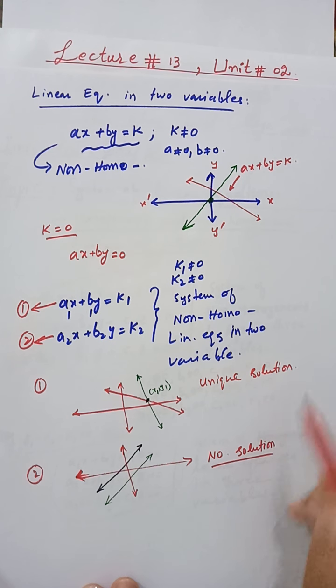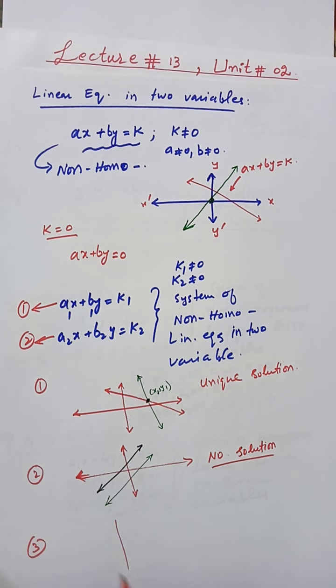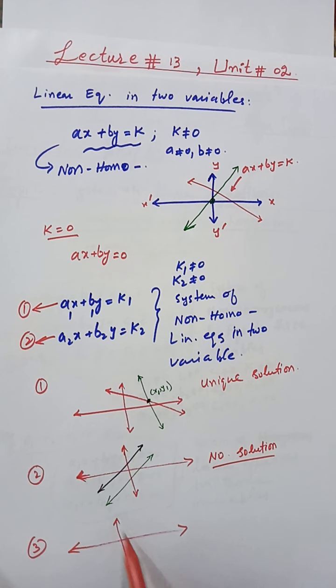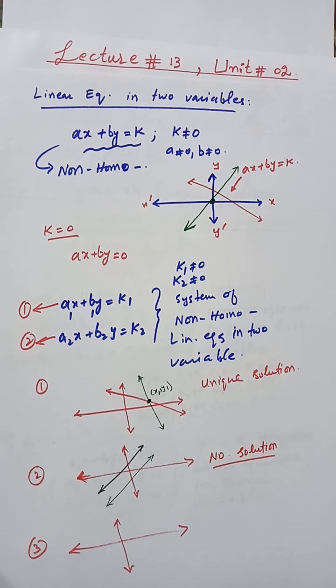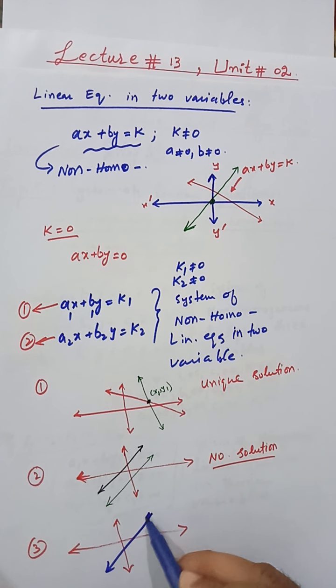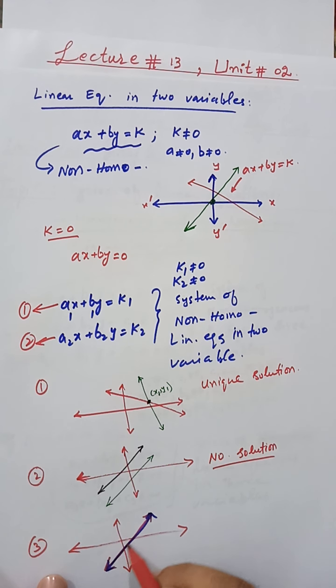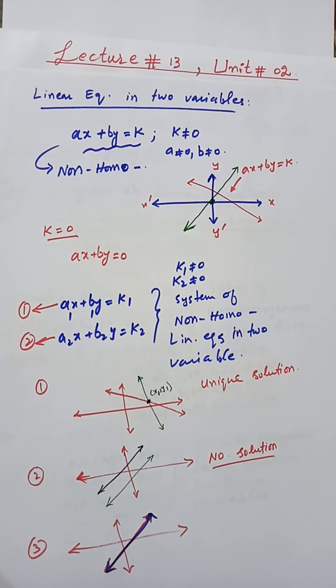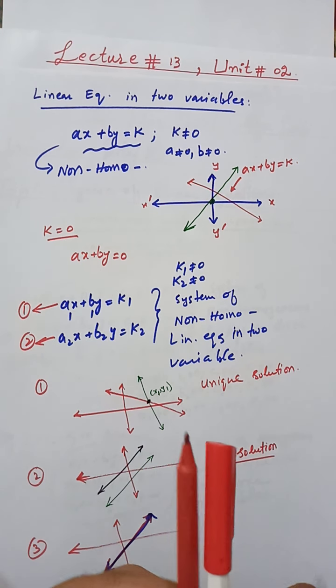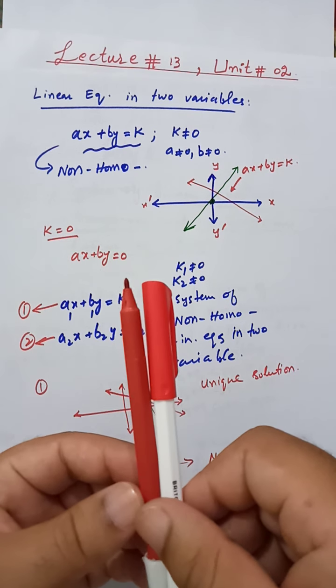And similarly, if I draw, let's say, the graph of equation number 1 exactly above the graph of equation number 2, meaning both the straight lines lie on each other. For example, like this, you see that both the marker lines lie on each other.